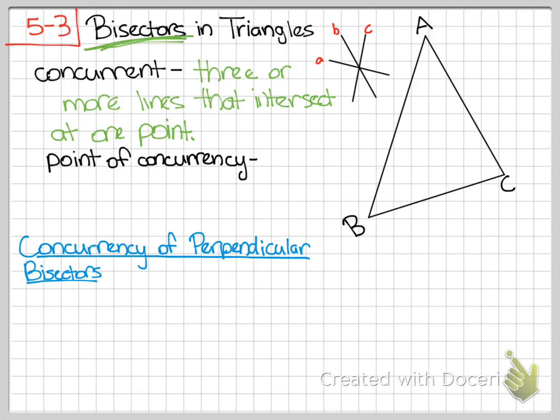All right, so next we need to define the point of concurrency. The point of concurrency is the point where concurrent lines meet. So it's just that point that they all touch.